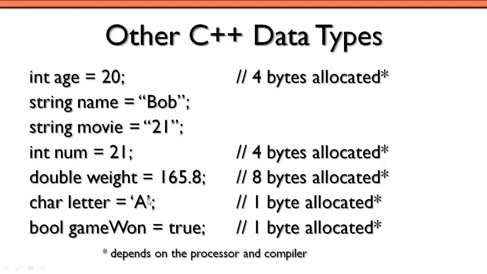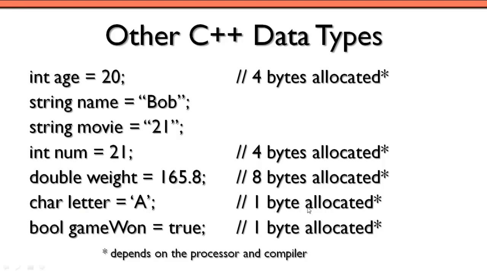So we could not go in here and assign any representation that has double quotes to a character variable. If we were to type out double quote A double quote and try to assign it here, the compiler would complain, because that is not the type of value that characters support.